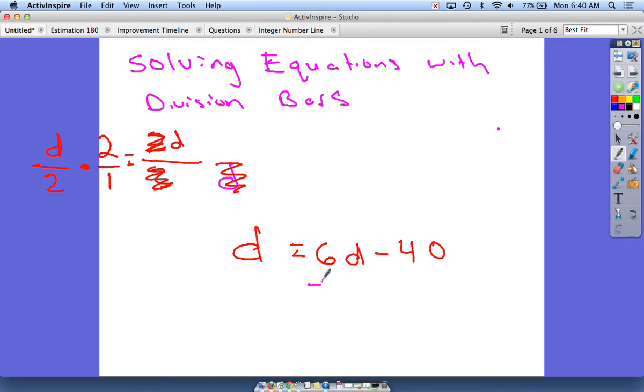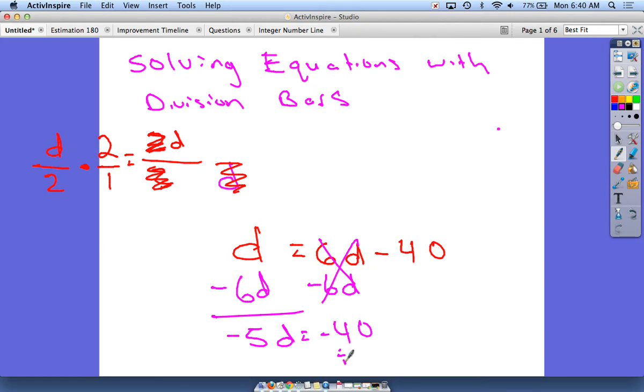I'm going to want to subtract 6d here, and I can subtract 6d here, which is going to be negative 5d equals negative 40. And then if you have to and you don't know what this is, I can always do negative 40 divided by negative 5 to get my final solution. But I can probably just look at this and say negative 5 times what is going to be negative 40 should be 8. So d is going to be 8 in this situation.